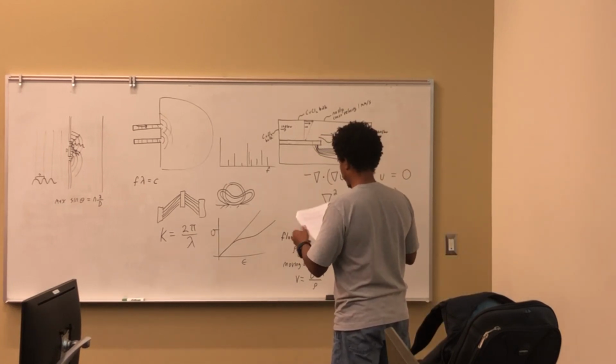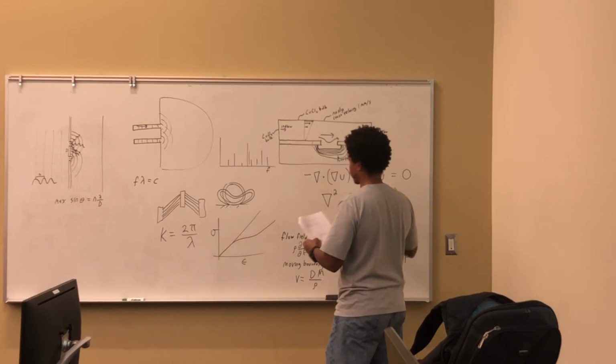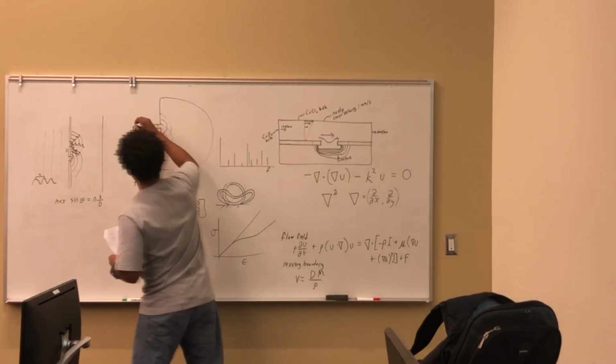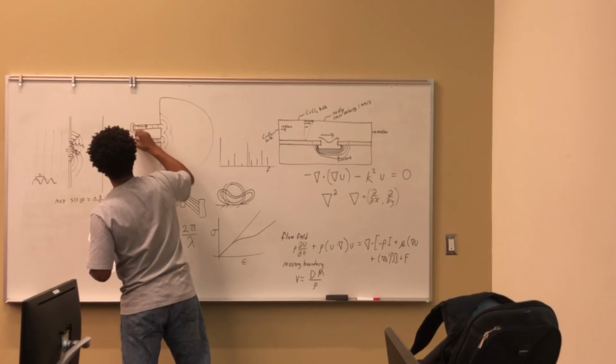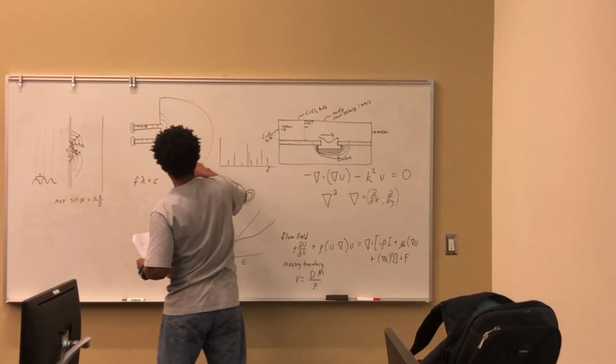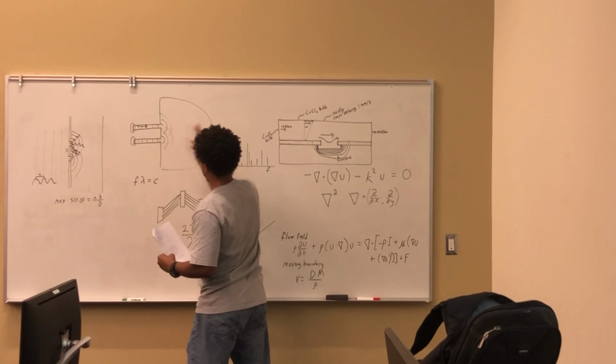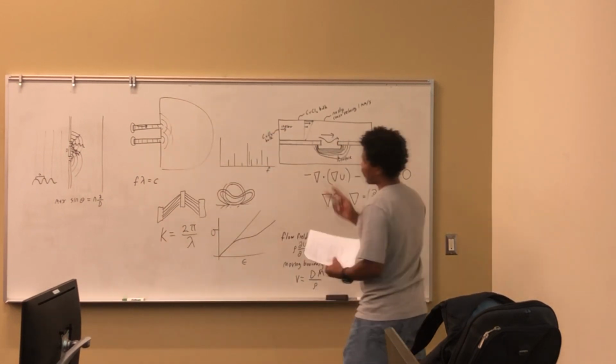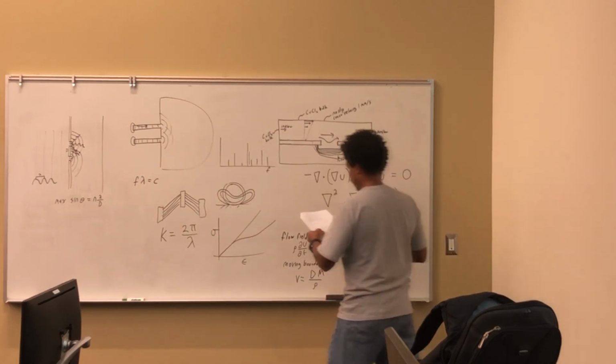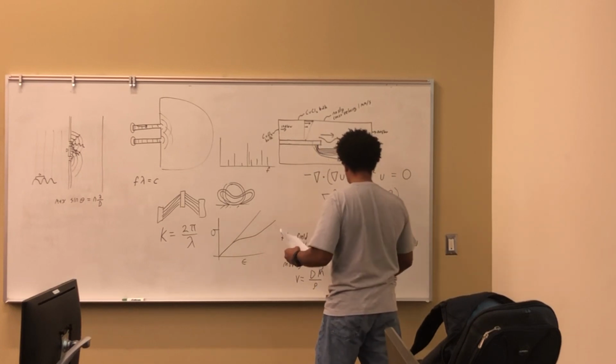Now that's one equation. The other equation is for the influx and outflux. So we're going to take these as an influx, and this surface right here is going to be the outflux of that. Otherwise, it would just reflect back in. We would have a different interference pattern if we did that.